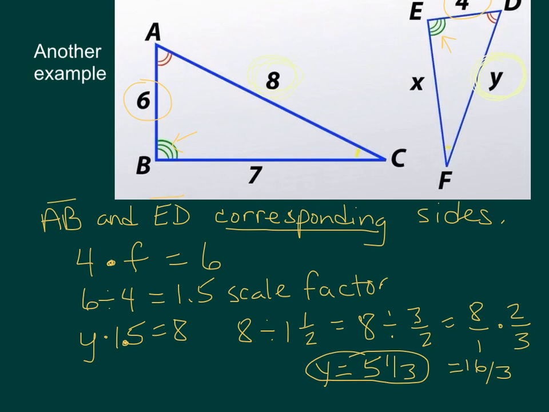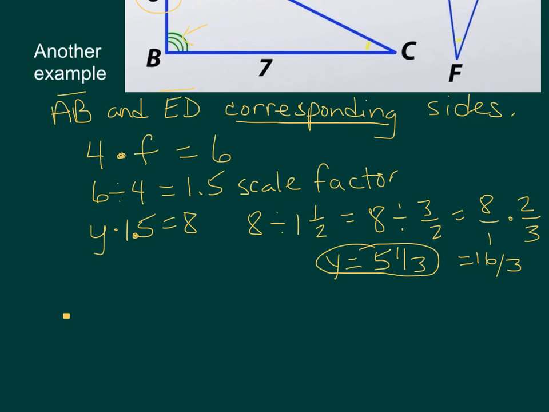You would do the same thing to find x. So you would have x times 1 1/2. Let me erase some of this so I have some room. Okay, so to find x, I know that x times 1.5 is 7.